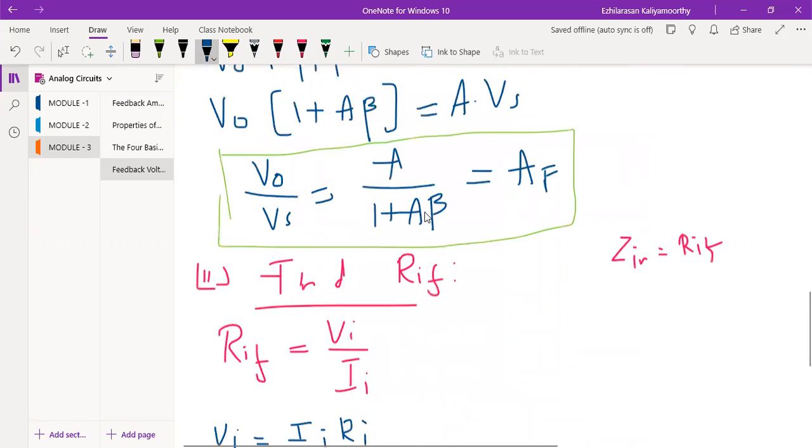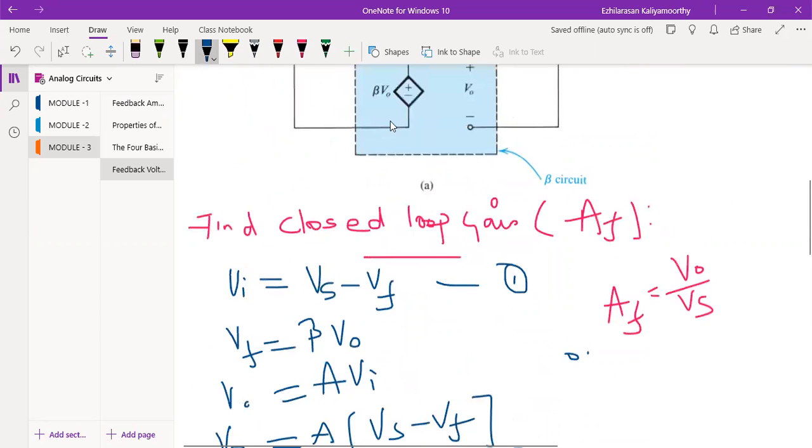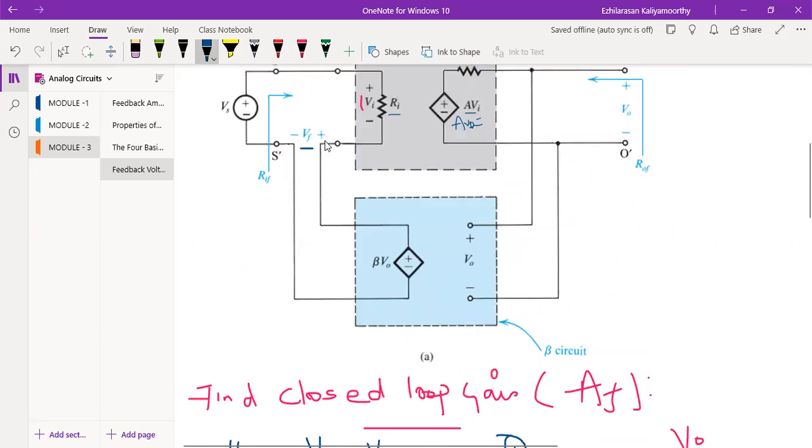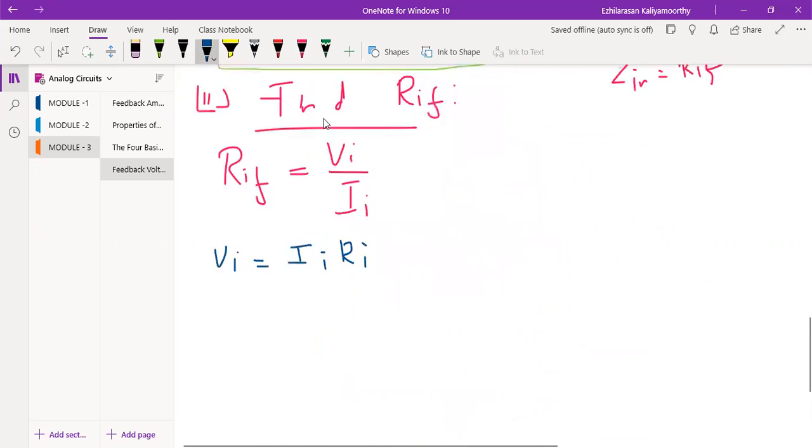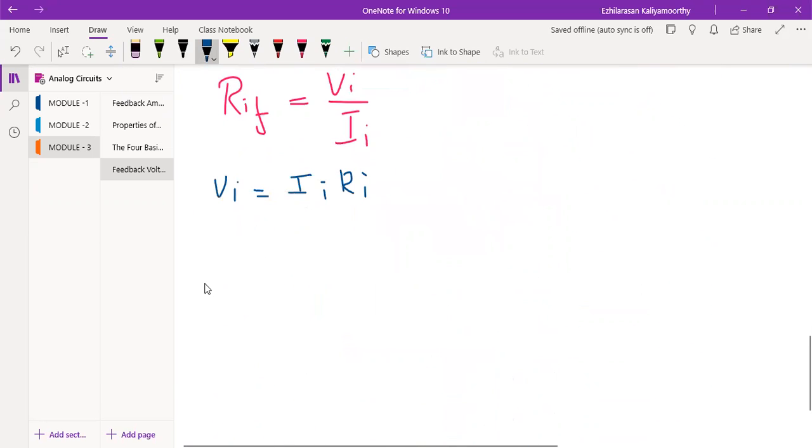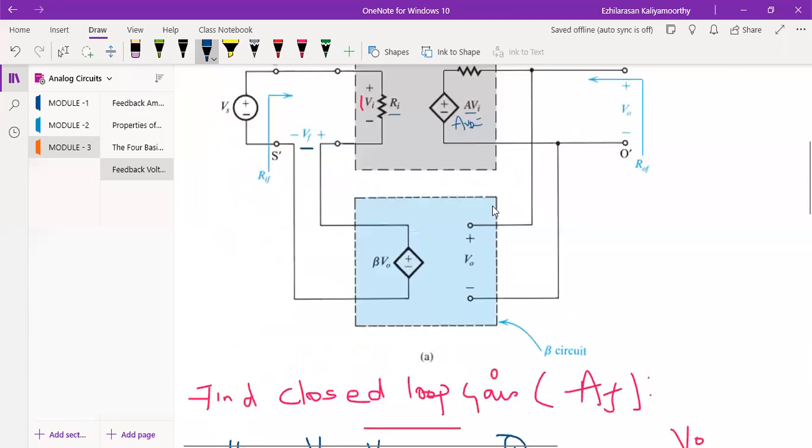Next, from the input source, what is V naught? V naught is nothing but A into VI. This we know from the circuit.